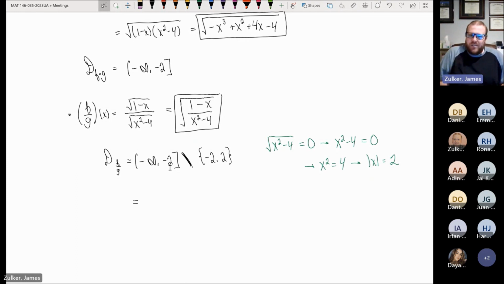Yes, so you remove it. +2, is that in the first set? It's already said no, right? So you don't have to worry about removing it because it's not there. So it's no longer closed at -2, it's open at -2. So that would be our domain.